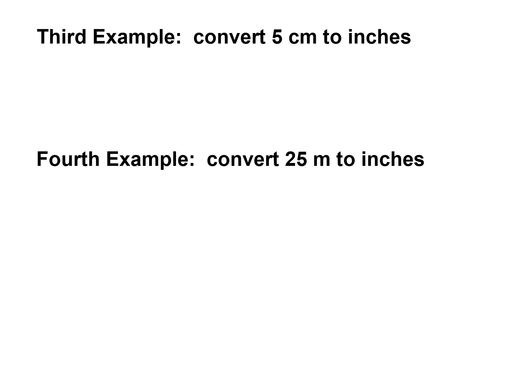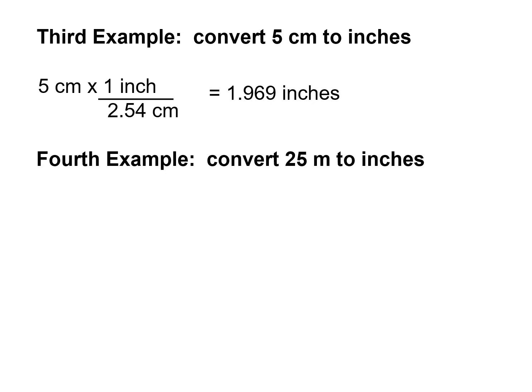Now let's convert 5 centimeters to inches. We know from the previous slide that there are 2.54 centimeters per inch. So we'd multiply 5 centimeters times 1 inch, then divide by 2.54 centimeters, giving us that 5 centimeters is equal to 1.969 inches.